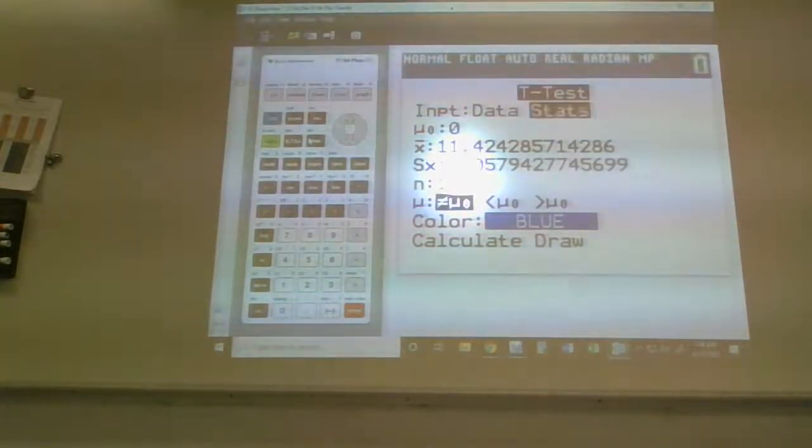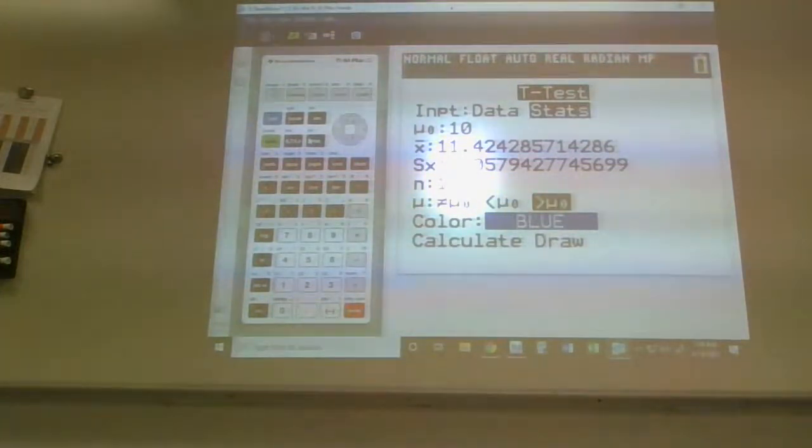And yes, n is equal to 14 because of the 14 days. What was my mu null? What do I put in there? And which one do I pick down here? Sure. Everything looks good so far.